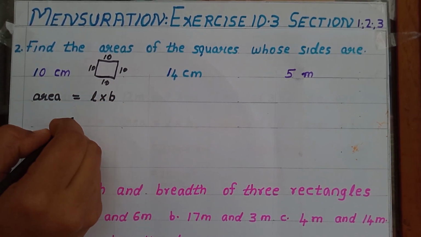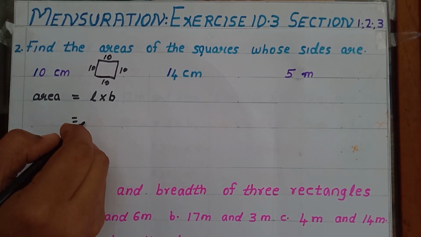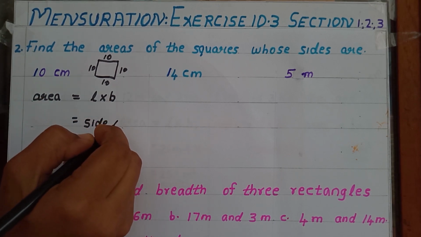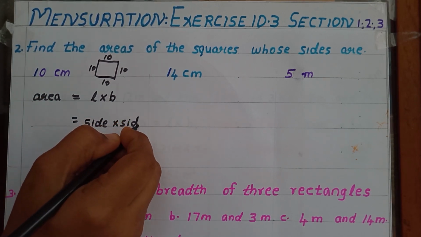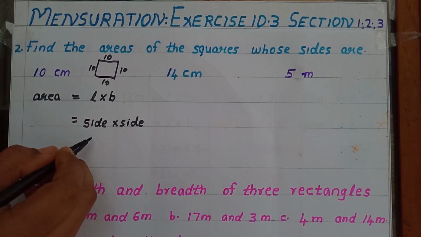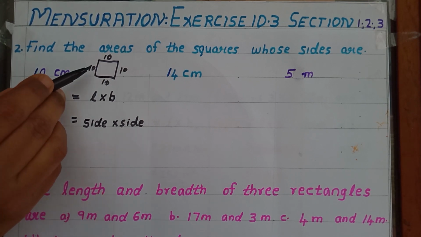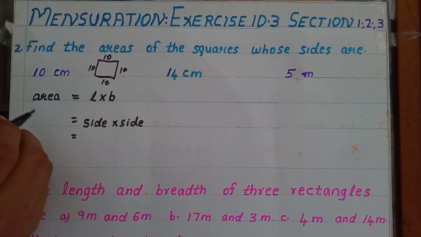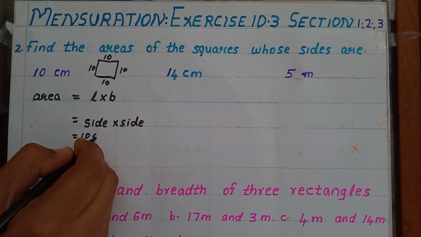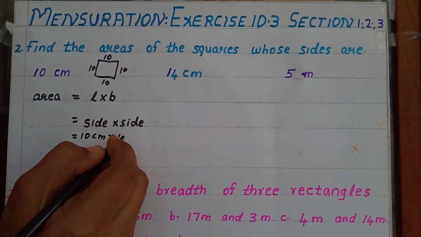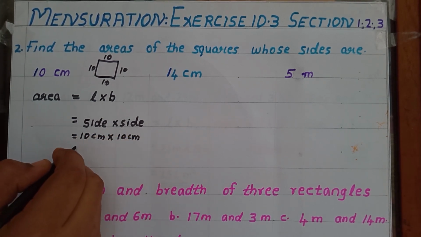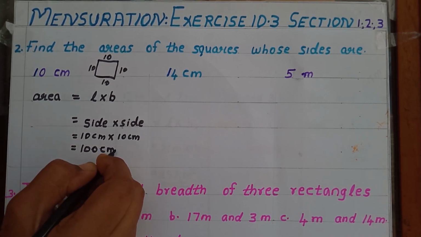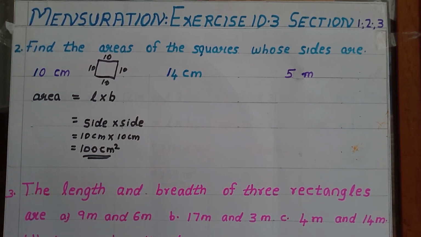Since length and breadth are same, we can represent length by side and breadth also by side. So the formula for finding the area of a square is side into side, equal to 10 centimeter into 10 centimeter. 10 into 10, 100 centimeter square is the answer for the first problem.